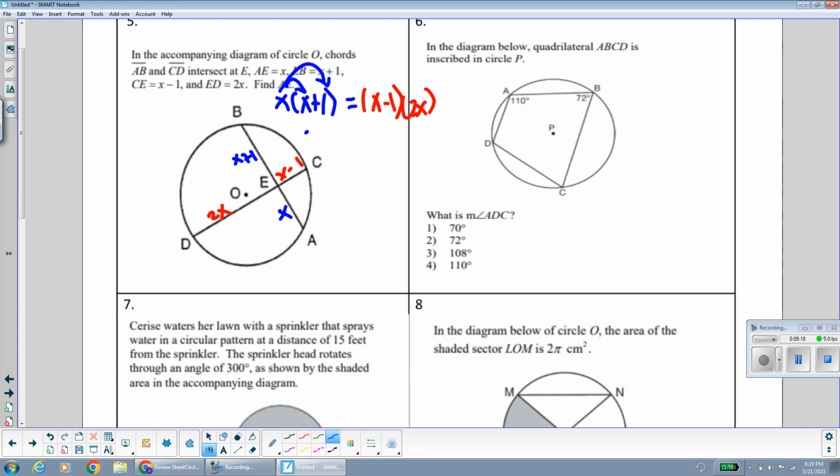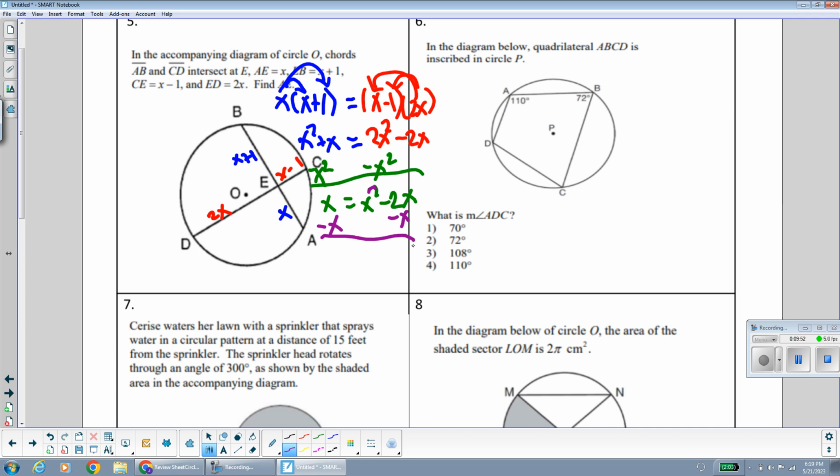Distribute, and I have x squared plus x is equal to, distribute once again, 2x squared minus 2x. Subtract x squared from both sides, and I have x is equal to x squared minus 2x. Subtract x from both sides because I do have a quadratic, so I want to make it equal to 0.